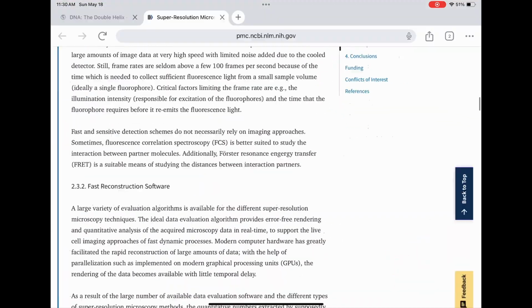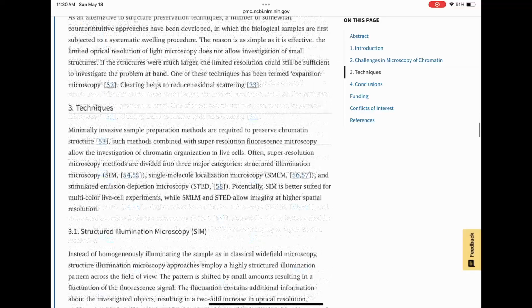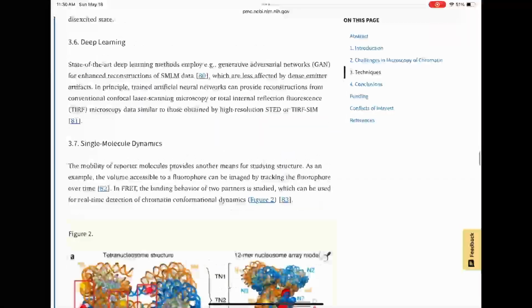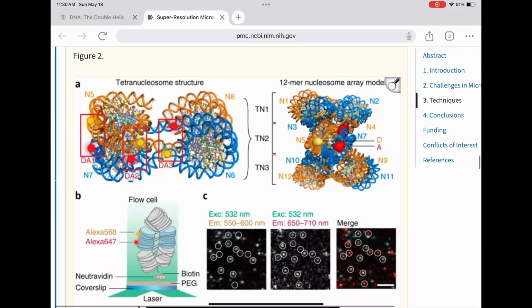And then here you have a model of a nucleosome, which we haven't gotten into yet, so I'll leave it there. And you'll see me break that down in a future video.